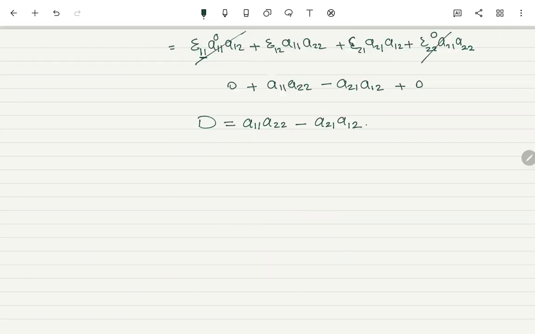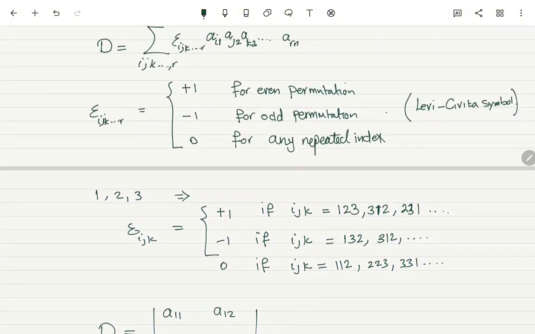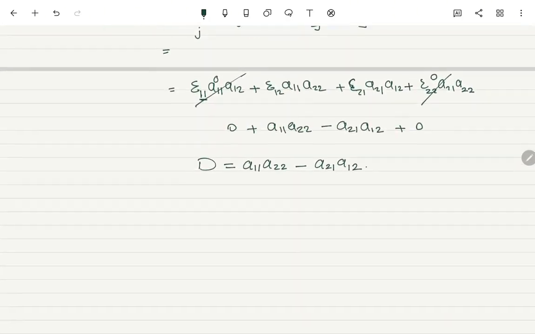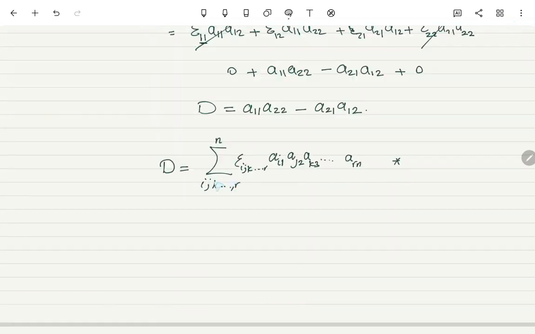Now let's apply the same rule for a third order determinant. So n in this case is equal to 3. I just copy it here.